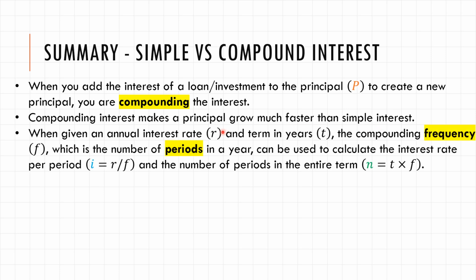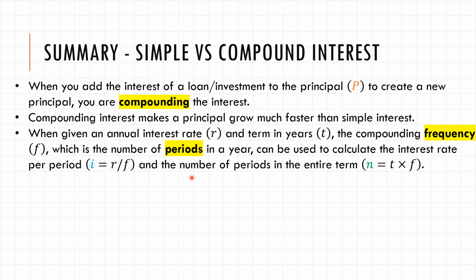If you are given an annual interest rate and a term, and then you're given a compounding frequency, which could be daily or weekly or monthly or quarterly, this will tell you the number of periods in a year. And we use the variable f for frequency to describe that. You can use that to calculate the interest rate per period by taking the annual interest rate and dividing it by the number of periods or the frequency.